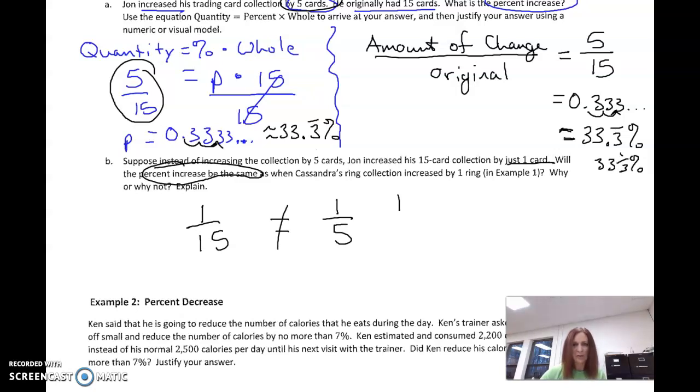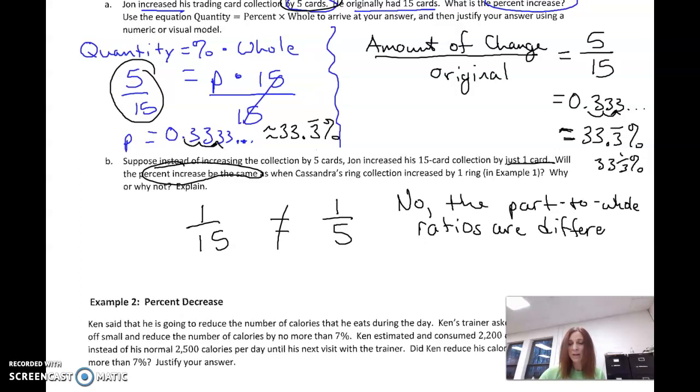No. We're going to say no. The part to whole, that's a percent, right? Part out of whole. Those part to whole ratios are different. All right, and that's what we're working on today. We're working on this lesson, I should say. We're going to be working on finding percent increase or percent decrease. You can use the formula, but I kind of like using our amount of change over original formula.